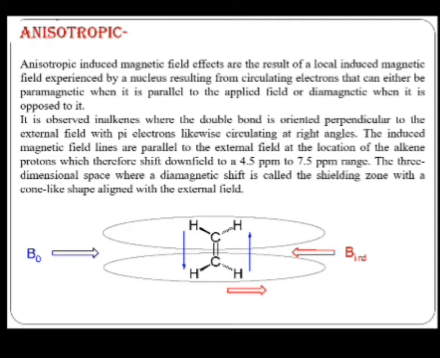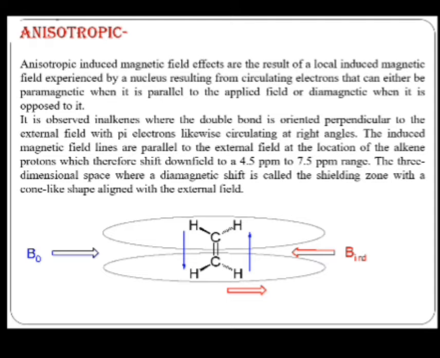Look at that. B0 is the external magnetic field, isn't it? And the circle is parallel to the external magnetic field at the location of the alkene proton, which therefore shifts downfield to the 4.5 ppm to 7.5 ppm range.